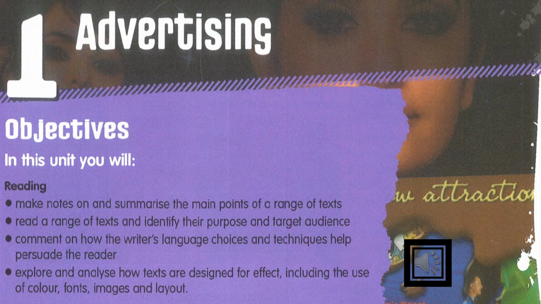So make notes on and summarize the main points. To summarize is to give the summary of something, your conclusion from a whole range of things. Maybe something that was described in a paragraph, or in two or three paragraphs, you can use one paragraph to summarize it.